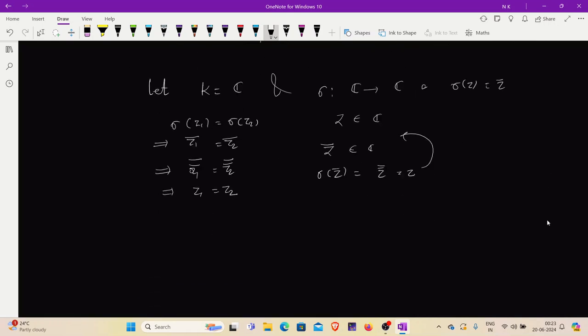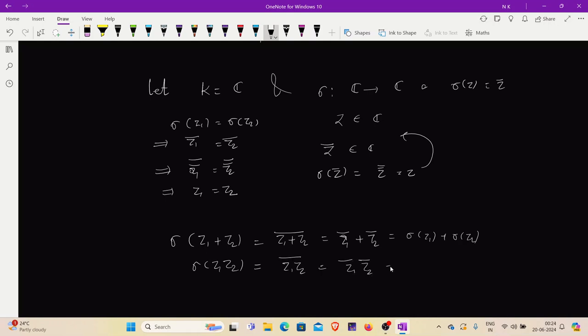Further, we can check that this particular map is a ring homomorphism, as sigma of z1 plus z2 is equal to the conjugate of z1 plus z2, that is nothing but z1 conjugate plus z2 conjugate, which is simply sigma of z1 plus sigma of z2. And since we are dealing with a field, it has another operation, multiplication, so sigma of z1 z2 is the conjugate of z1 z2, which is equal to z1 conjugate into z2 conjugate, and that is sigma of z1 into sigma of z2.